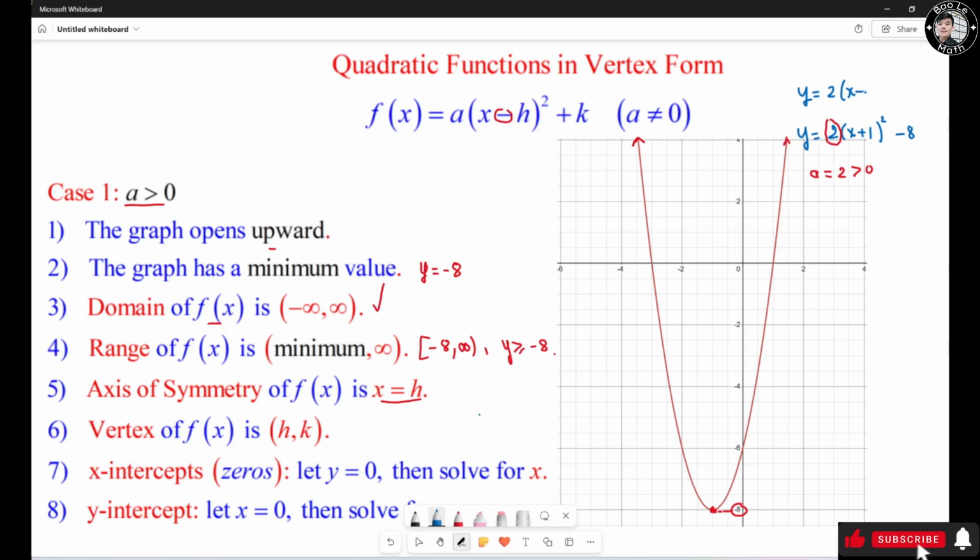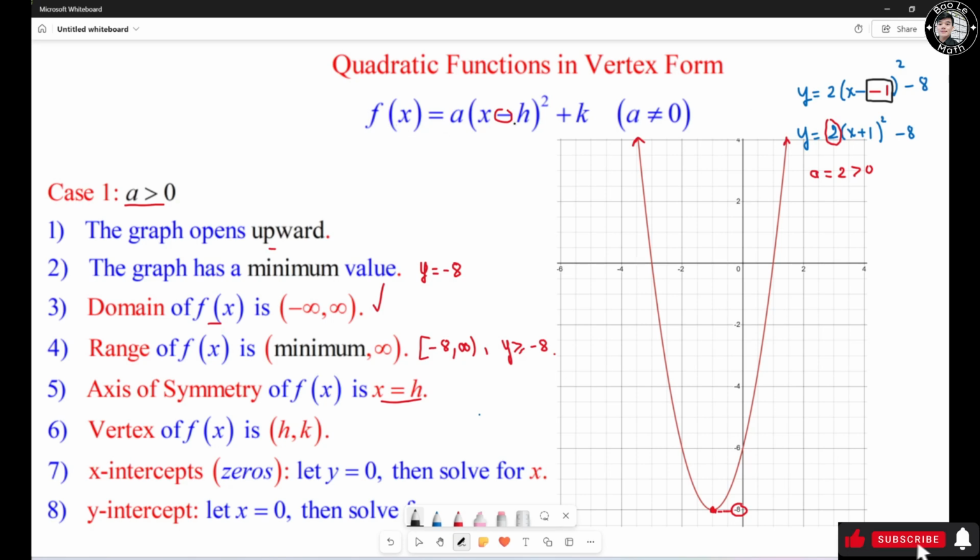So I put a subtraction sign right here. Because the function is given with an addition sign, does that mean I need to put another subtraction sign to make it positive? So it could be negative 1 right here, squared minus 8. So in this situation, h equals negative 1, right?